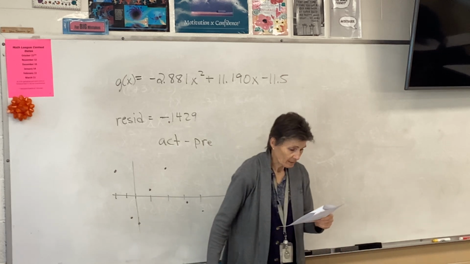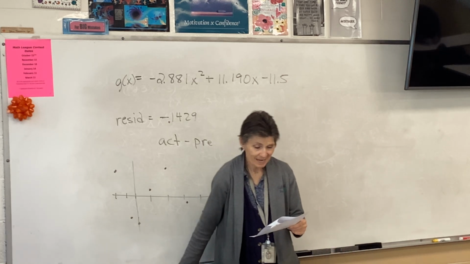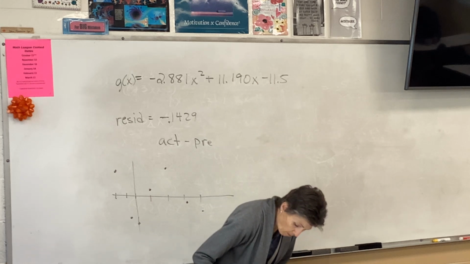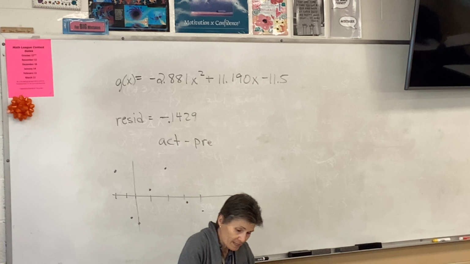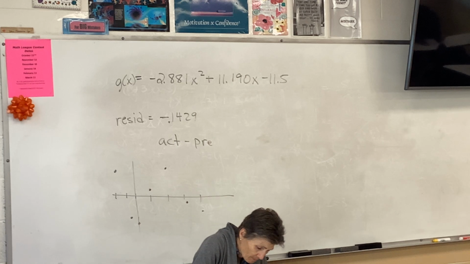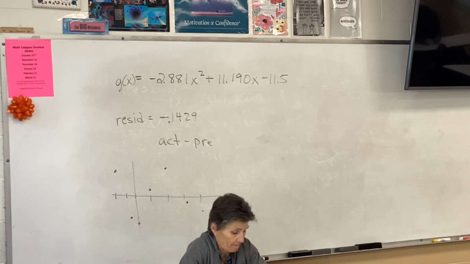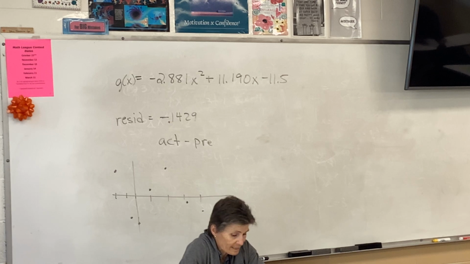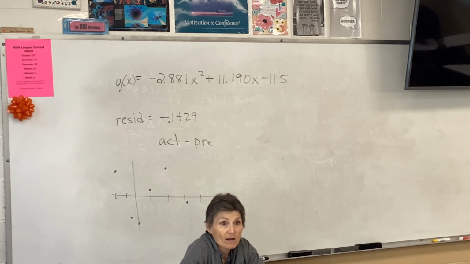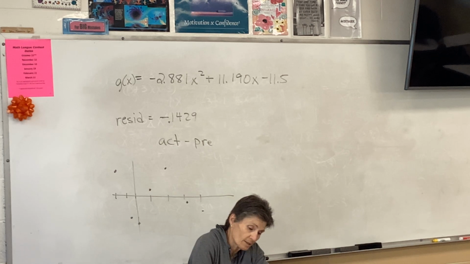A of x is negative and concave up from -5 to -1. True or false? True. Absolutely true. When we say a of x is negative, that means the y's are negative? And they are. Perfect. So that's the true.